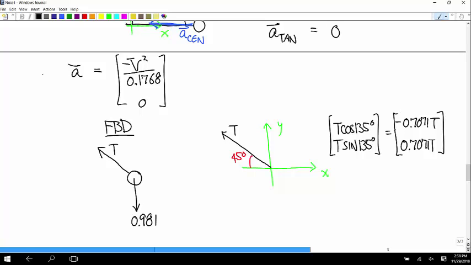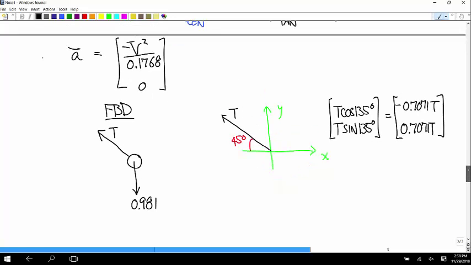And the negative on the x component is the other negative that's going to cancel our first negative from before.